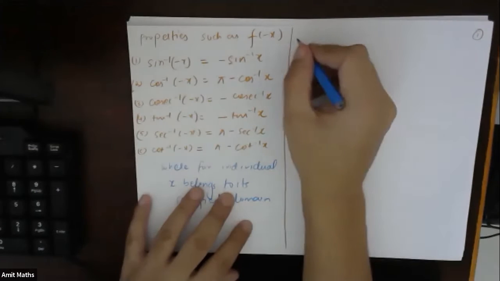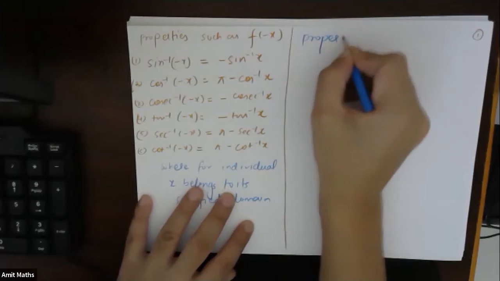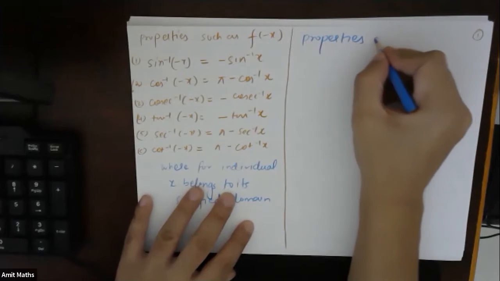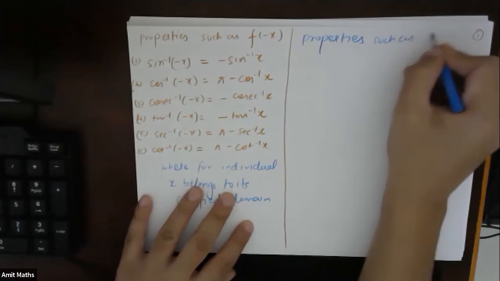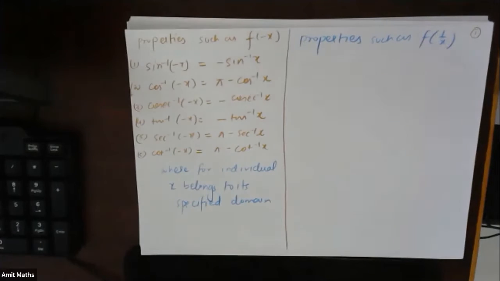Fine. So now second will be properties such as f of 1 by x, right? Previously we have seen that we converted sine into cos and cos into sine. Now sine goes into cosec and cos into sec.